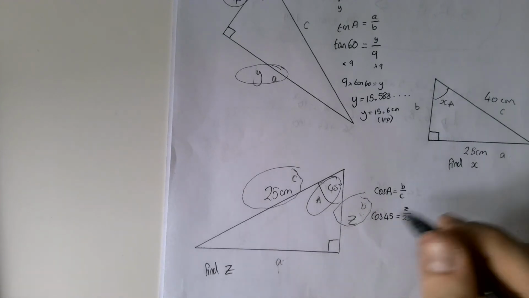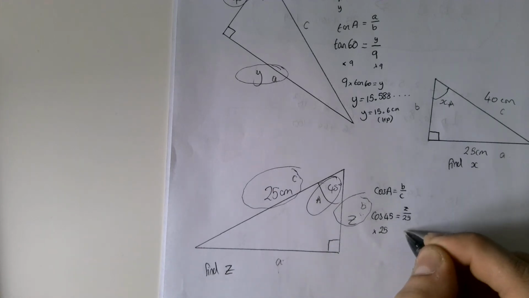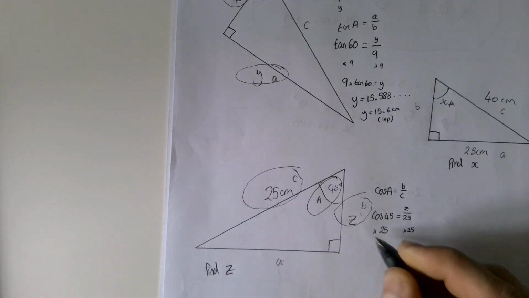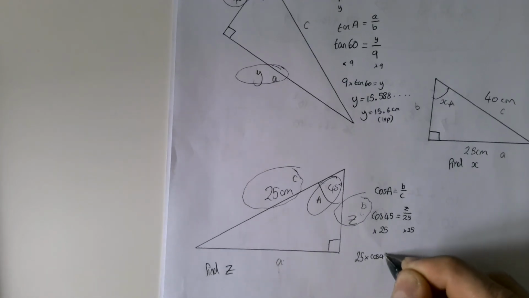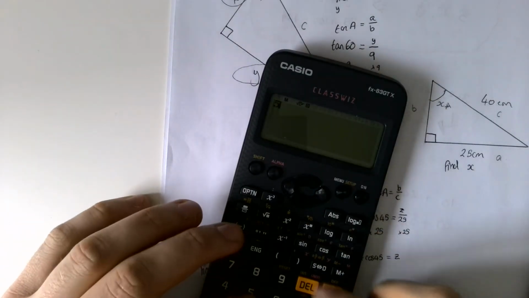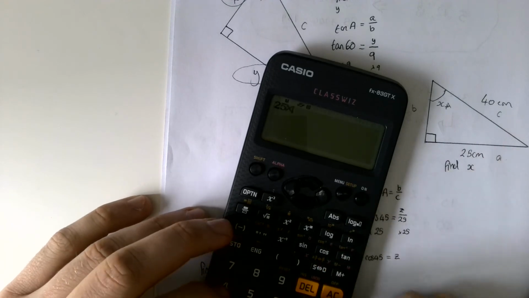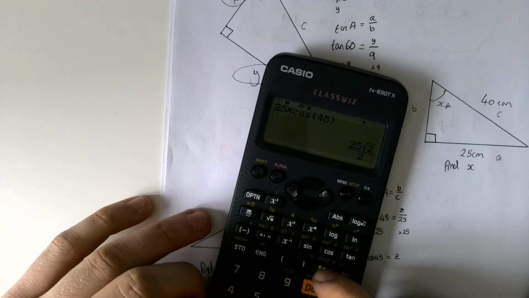So then I can just work that through, rearranging it. I'm going to multiply both sides by 25 to give me 25 times cos 45 equals Z. Plug that into a calculator. 25 times cos 45 gives me that horrible looking surd.